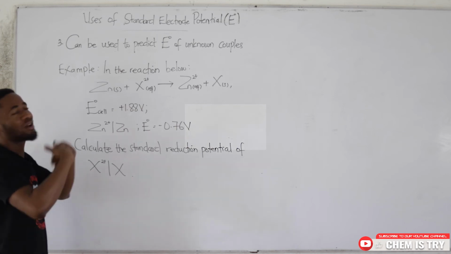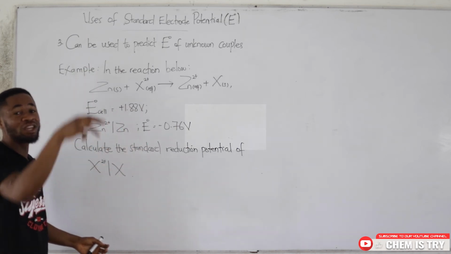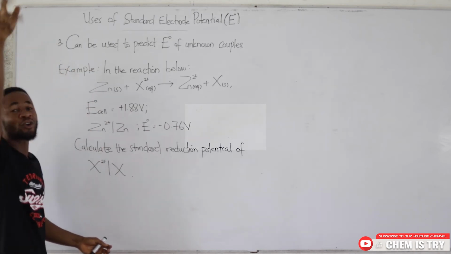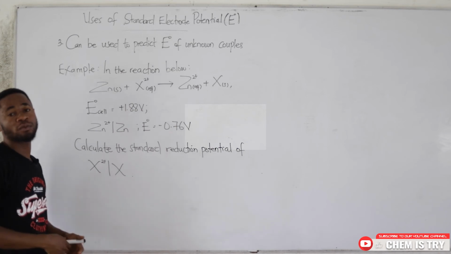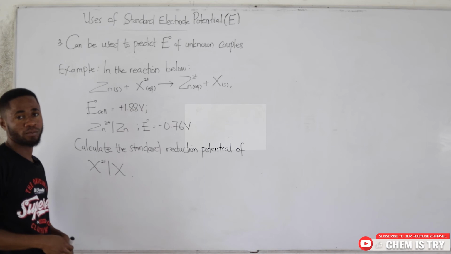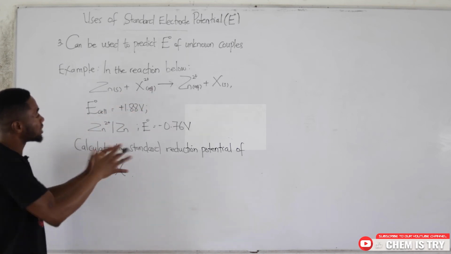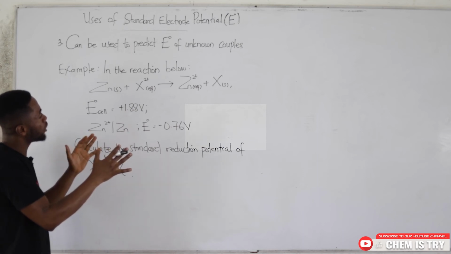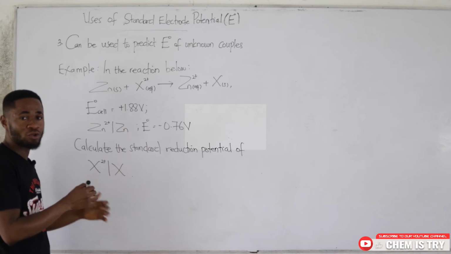Then we use our original formula: E naught of the cell is equal to E naught of the cathode minus the E naught of the anode. Then we look for the electrode potential value of that unknown couple. So right now we don't know, unless we consider the equation to see which substance is undergoing oxidation and which one is undergoing reduction. So let's put down our equation once again.